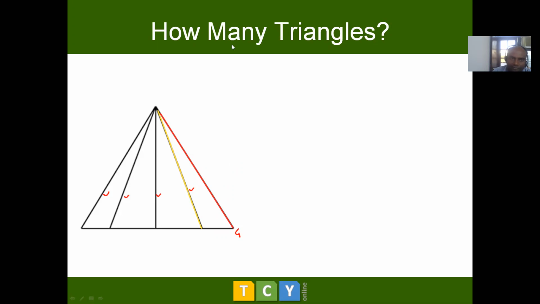So we will start from here rather. So this is the first possibility, second possibility, and third possibility. So the yellow line can form angles with three sides. So that will be a total of three angles, right?